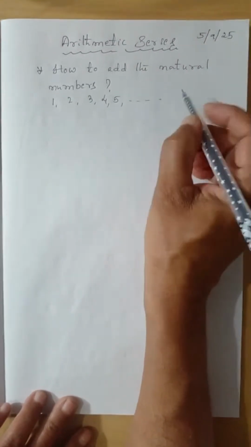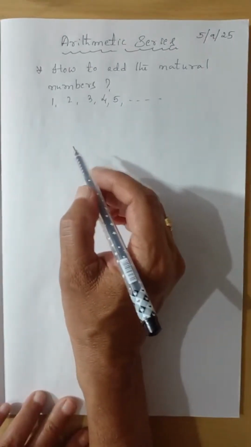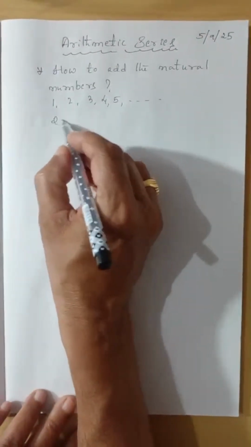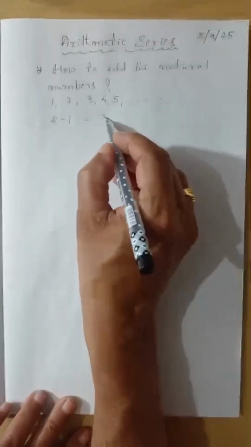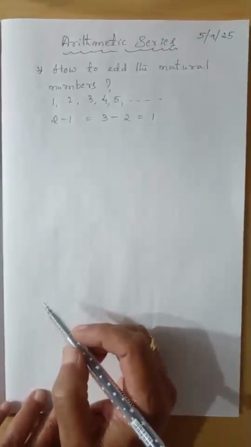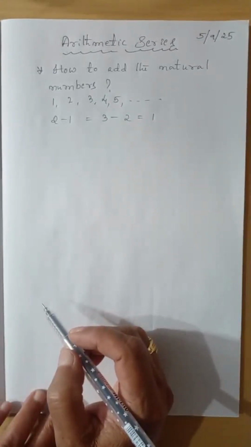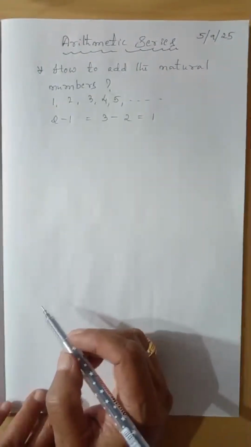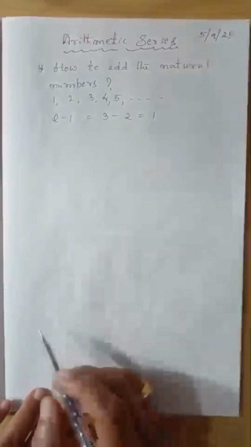Here the common difference is 1. How? 2 minus 1 is equivalent to 3 minus 2, which is equal to 1. The common difference is the same, equivalent to 1.